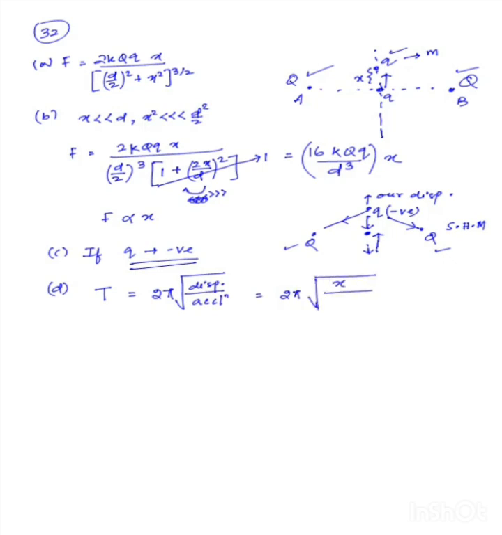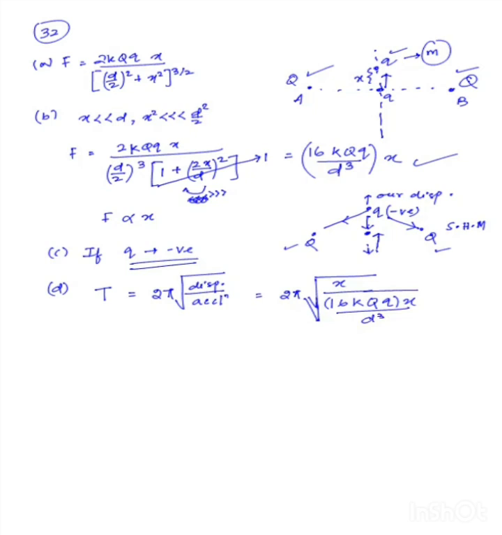Now we need to obtain the acceleration. We have the force already when the displacement is small. Force over the mass is going to give us the acceleration. We have the mass of the particle to be m, so force upon mass is going to be acceleration. So we are going to keep that force over here, 16kqQ multiplied by x over d cube.